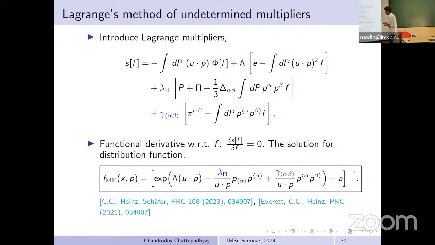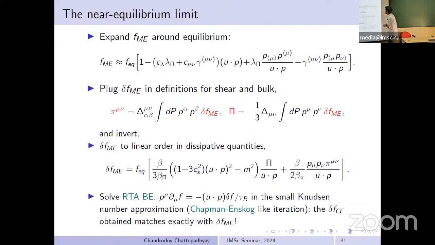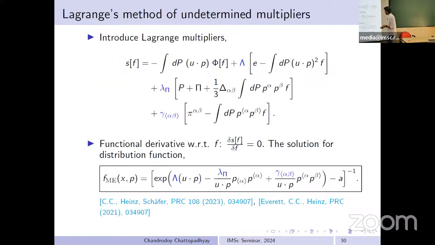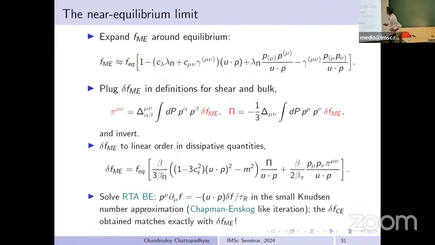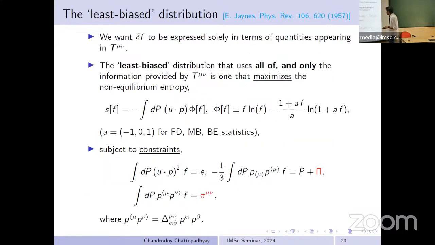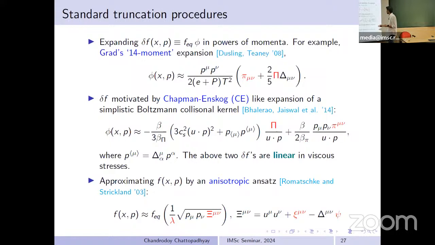Okay, so right, and also we can show that, here again, nowhere have we assumed that anything is close to equilibrium or gradient expansions or anything. So these quantities have to be computed from these values, and we showed that if you assume that the deviation from equilibrium is small, then this delta F ME reduces to exactly this Chapman-Enskog kind of expansion that was done here.